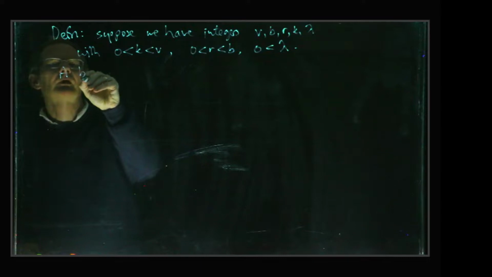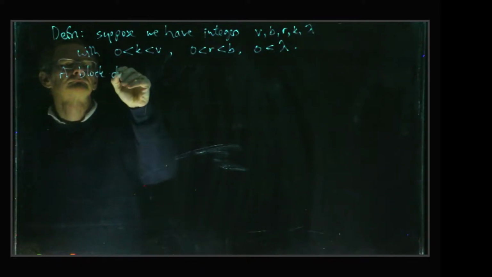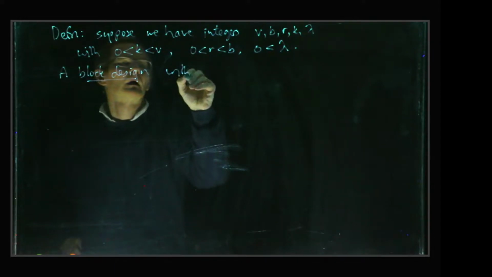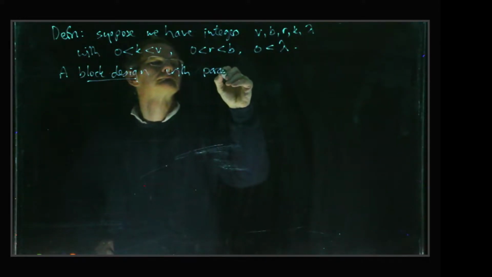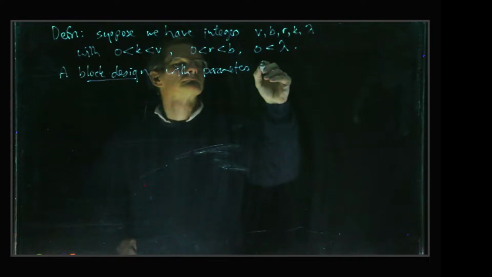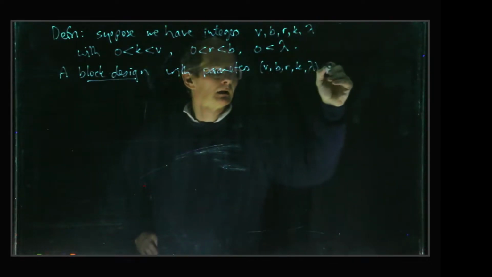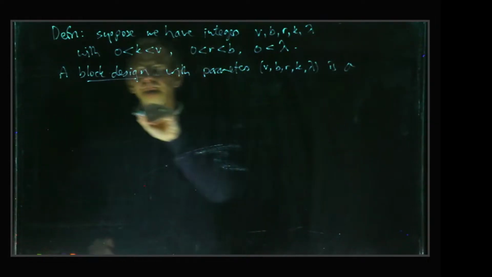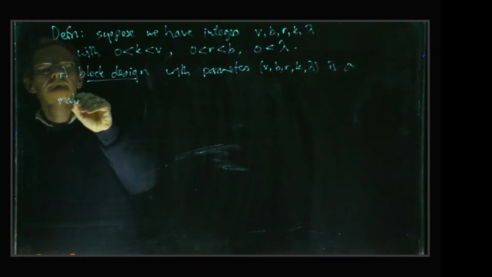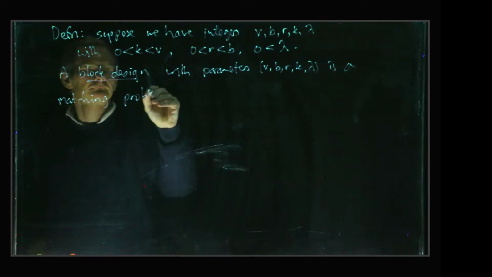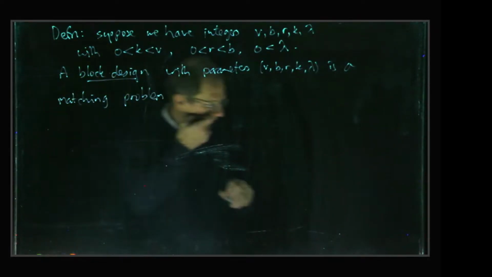So a block design with parameters v, b, r, k, lambda is a matching problem. You've got two sets.